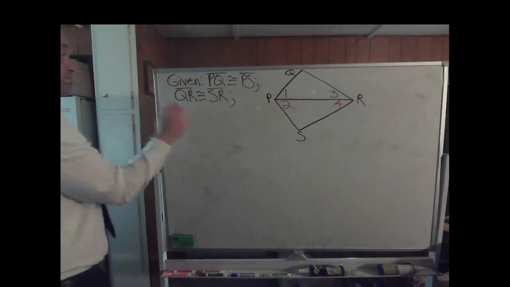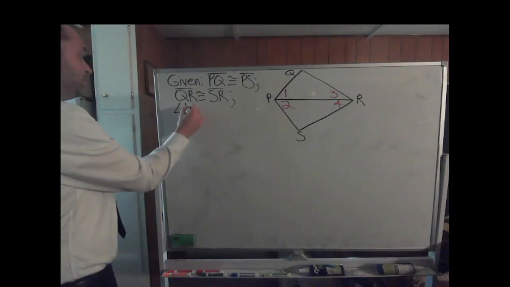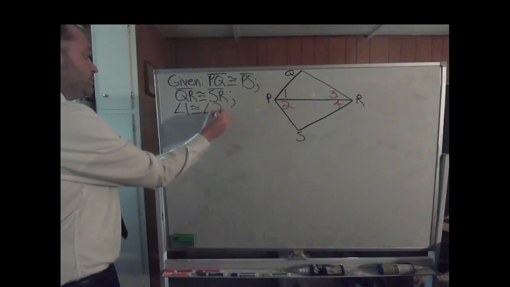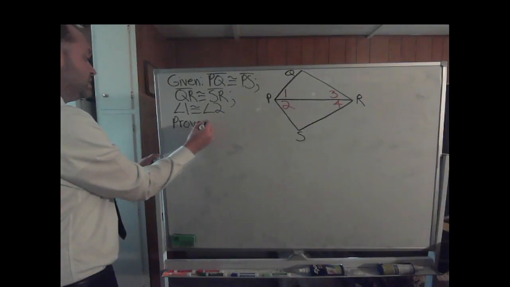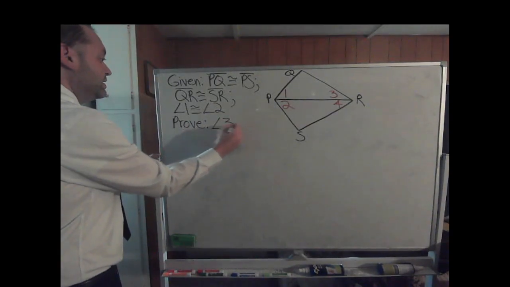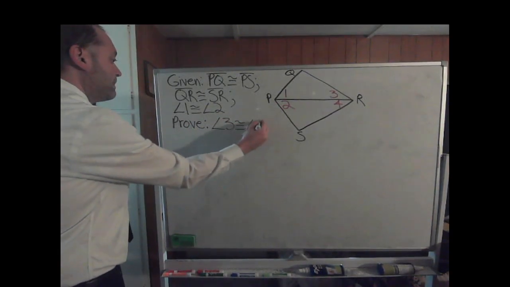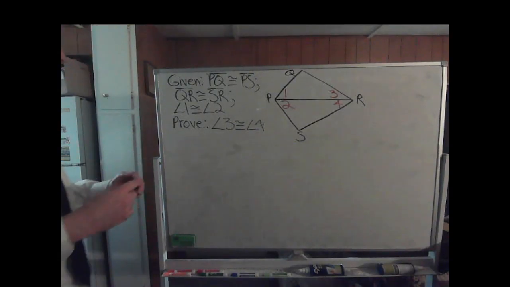We're also given that angle 1 is congruent to angle 2. What we ultimately have to prove is that angle 3 is congruent to angle 4. Alright?